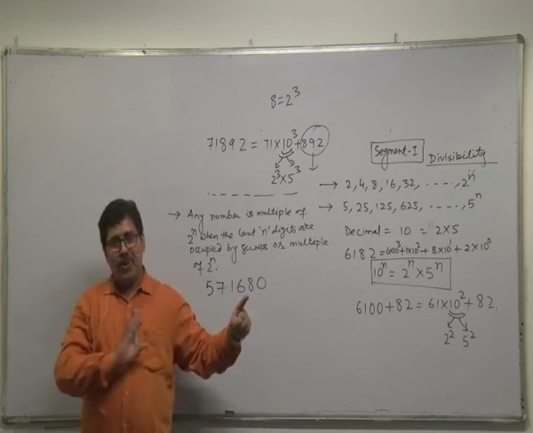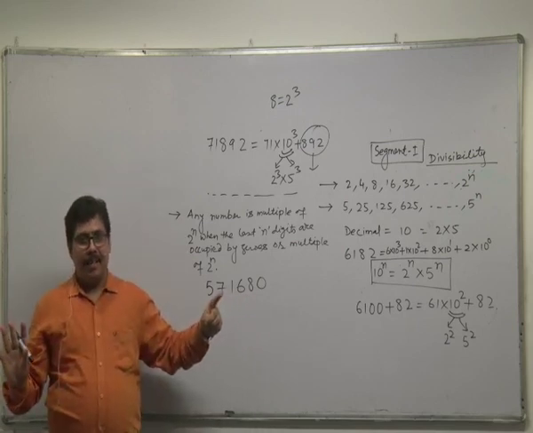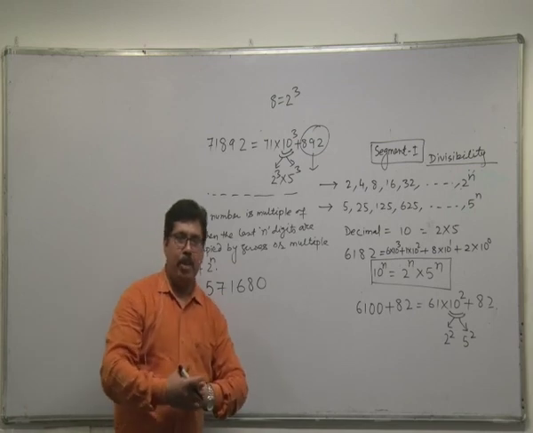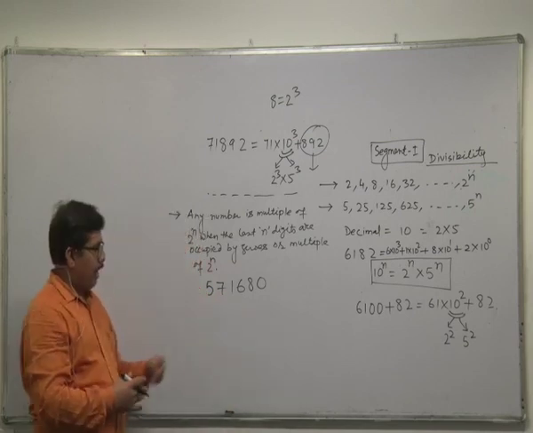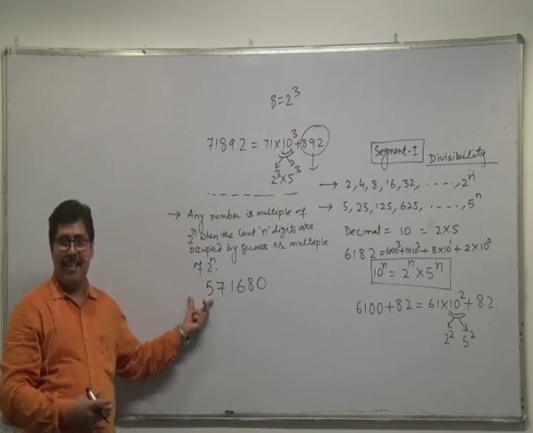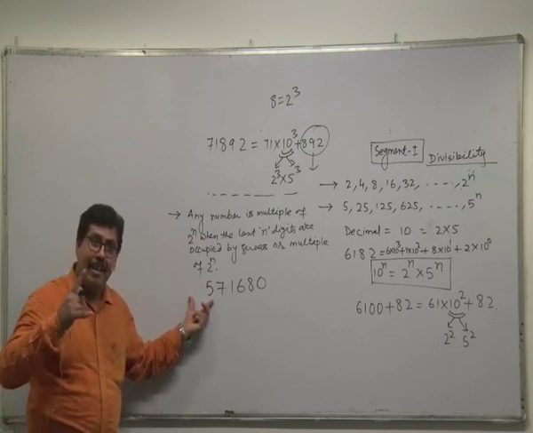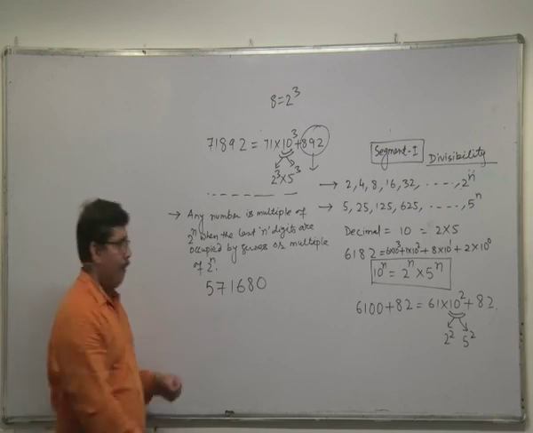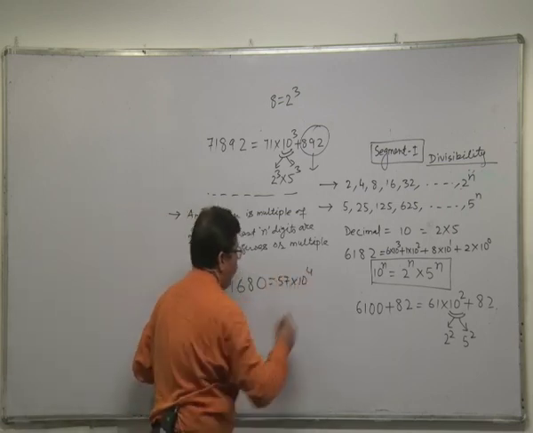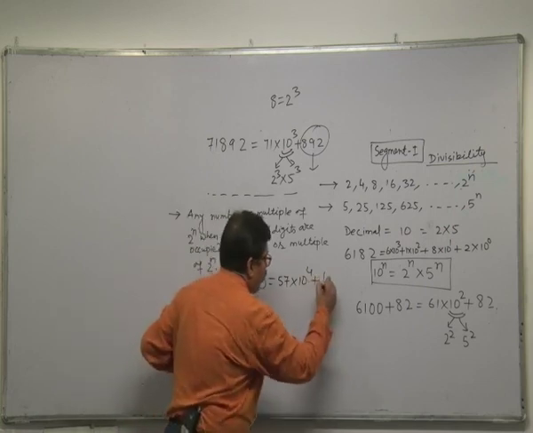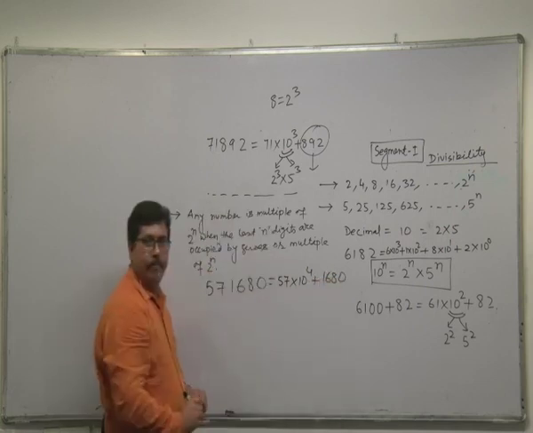No. Is 2 raised to the power 4 a factor of 10 raised to the power 4? Yes. So we need to express this number in terms of 10 raised to the power 4. We can write it as 57 into 10 raised to the power 4 plus 1680.